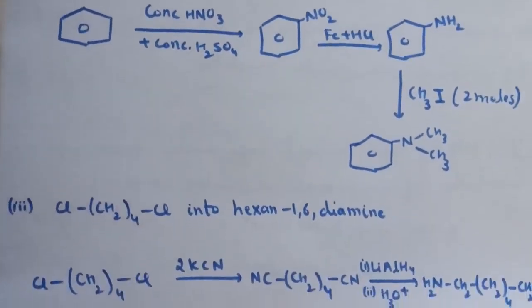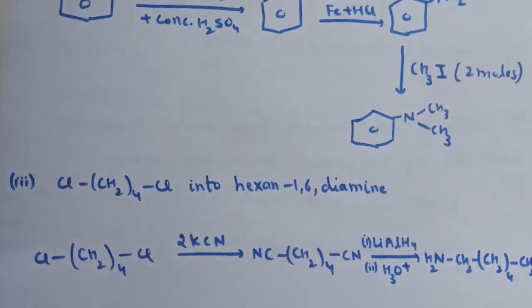Now third is ClCH2(CH2)4Cl into hexane-1,6-diamine. So first we will treat this with KCN. When this compound is treated with 2 molecules of KCN, here these 2 Cl are replaced by CN.